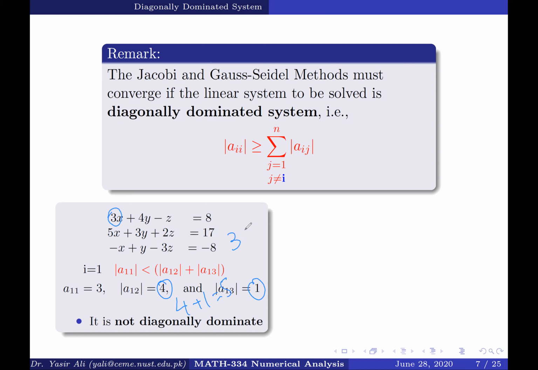So we know that 3 is less than 5. The diagonal entry is less than the sum of these, so in this case it is not a diagonally dominated system.